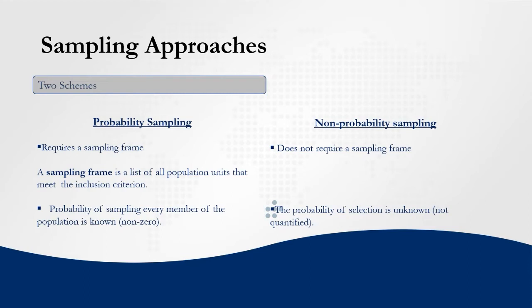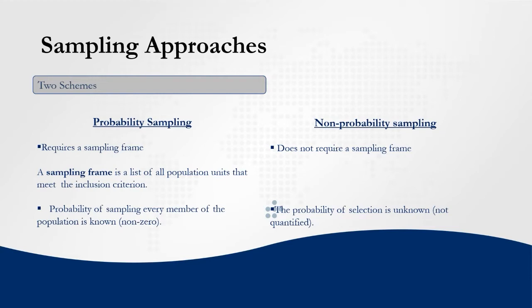When you have a list, you know I have 20 houses or I have 30 houses. You know what is the probability, what is the chance that one house is selected. So every member of the population will have a known probability of selection.